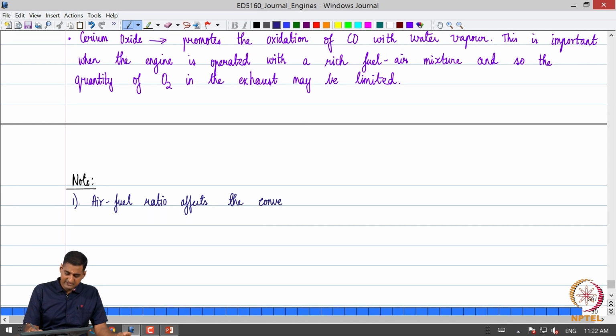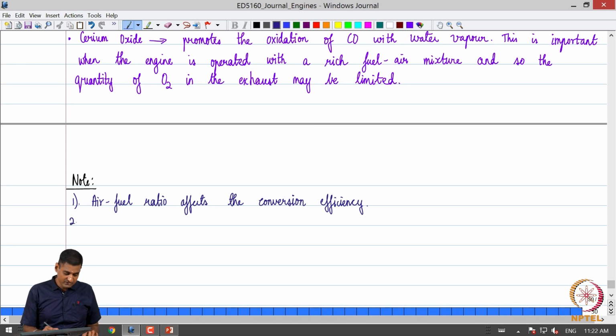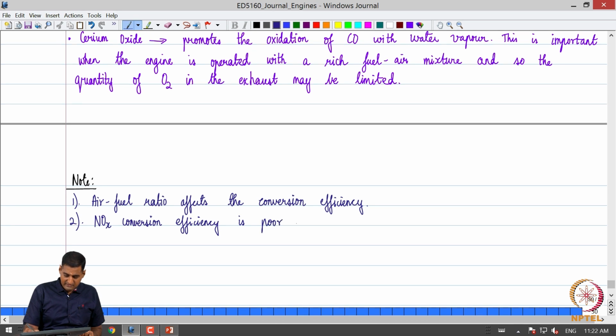That is, in this catalytic converter there is conversion of HC and CO to their oxidized components and reduction of NOx. That process efficiency is affected by the air fuel ratio, and typically the NOx conversion efficiency is poor for lean mixtures.